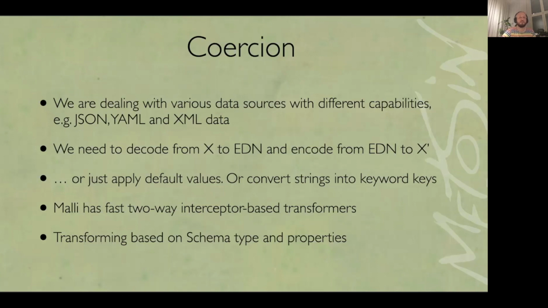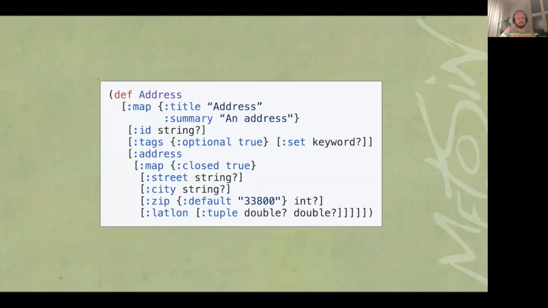So if you have defined a schema where something is a set, you have to do this transformation from lists or vectors into sets in the coercion process. But we can do any kind of transformation. In Malli, it's two-way, and you can run whatever function you would like for any kind of schema elements, based on type and properties. But I think it's best to go through an example.